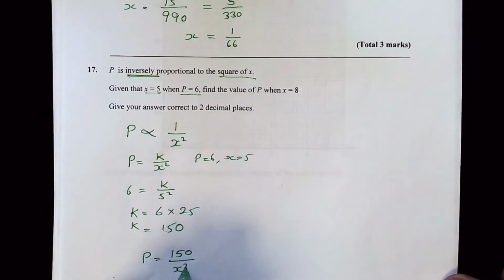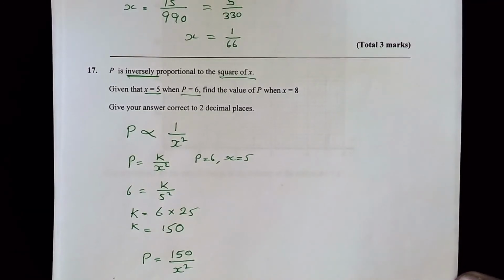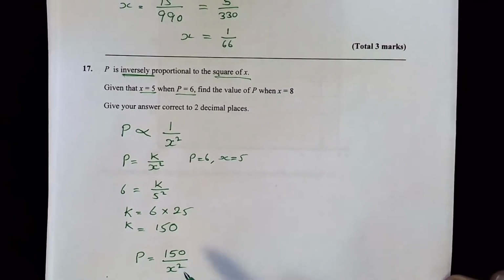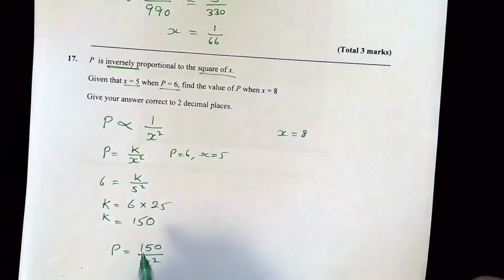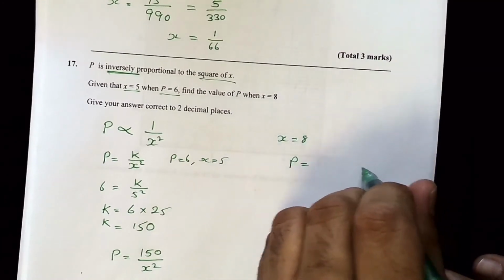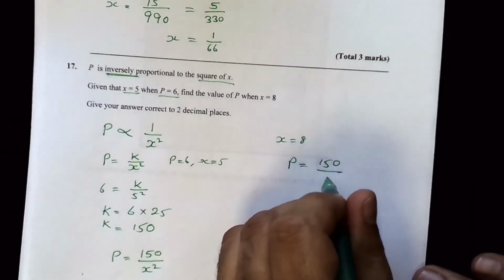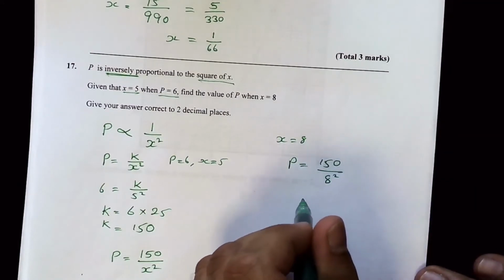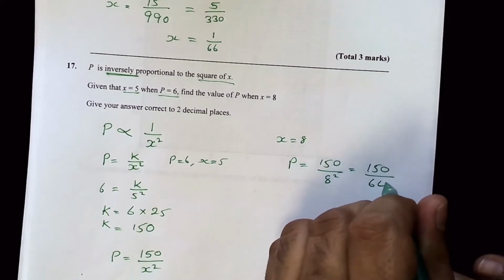divided by x squared. So now I need to use this formula to work out the final part of the question. So now when x equals 8, my formula will now become P is equal to 150 divided by 8 squared, which is equal to 150 divided by 64.